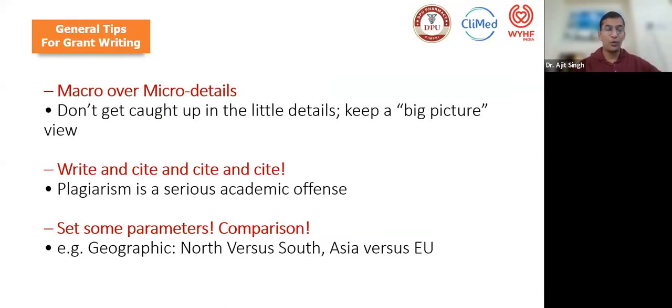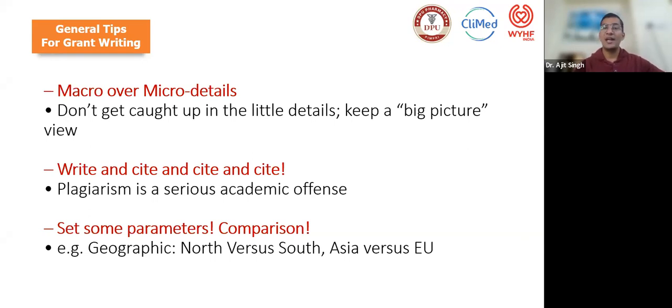When you are giving justifications, writing the hypothesis, or finding the gaps, don't go into the small gaps or small details. Keep the big picture in front of the funding agency and the reviewers, so they can easily review and find that your things are clear and up to the mark, and that they are covering the big issues of society.